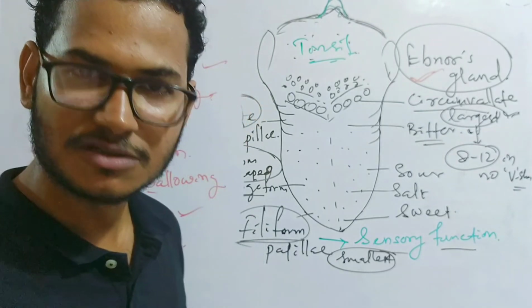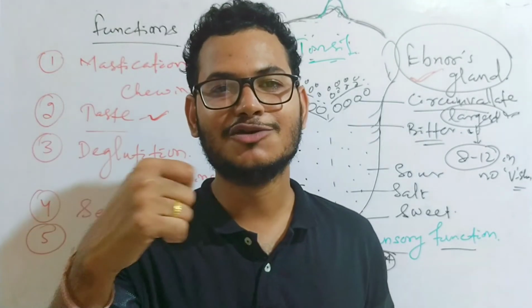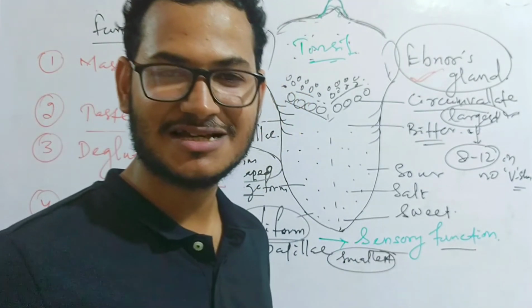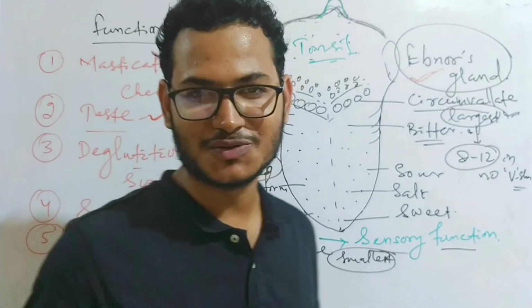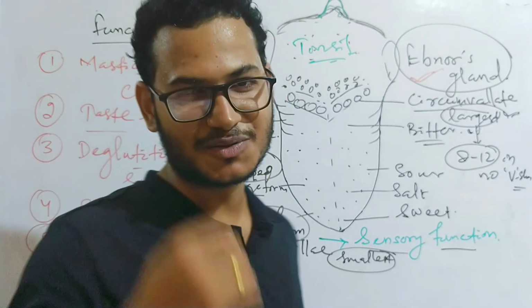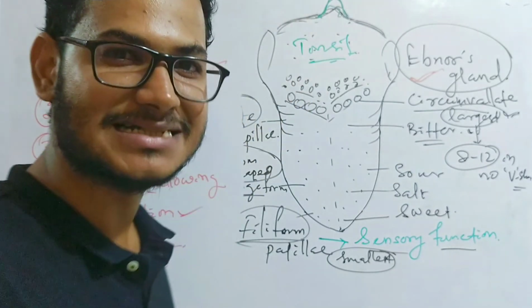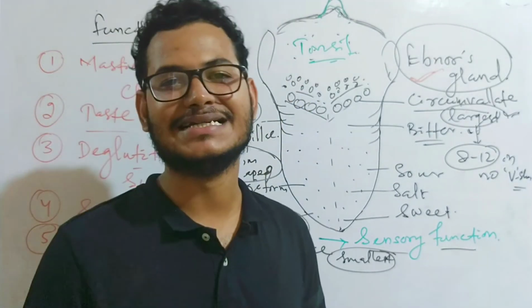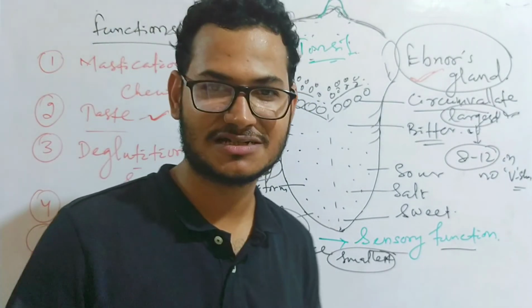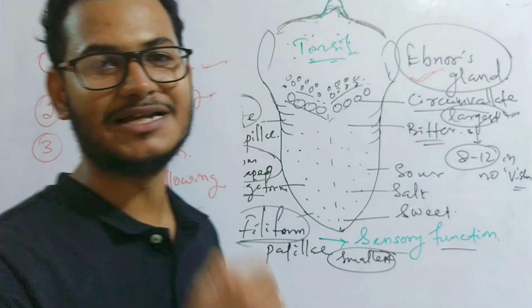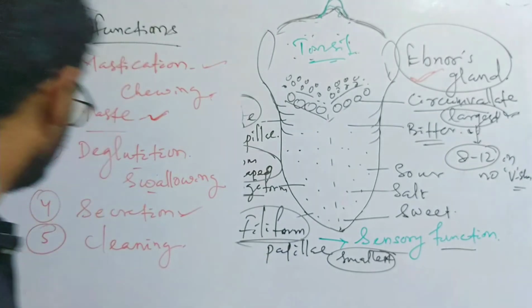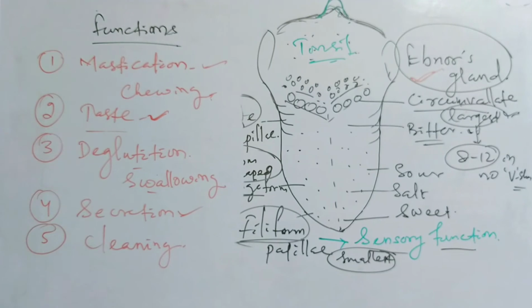We do not need different types of toothbrush to polish or to clean our teeth, because there is an inbuilt cleaner or inbuilt toothbrush, that is our tongue, which helps in cleaning the teeth or the buccal cavity.